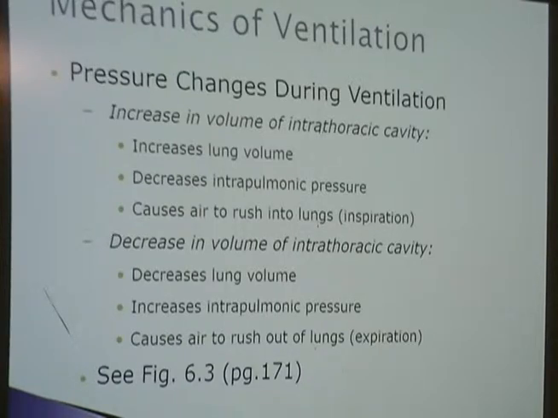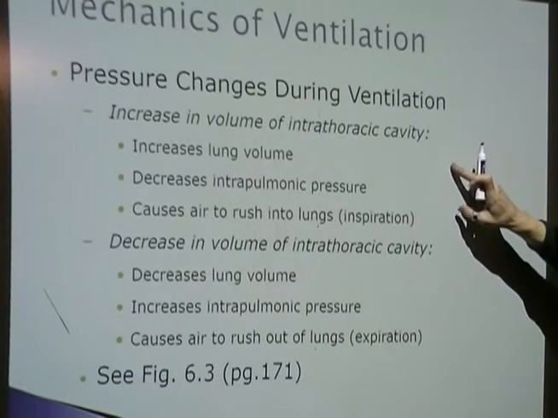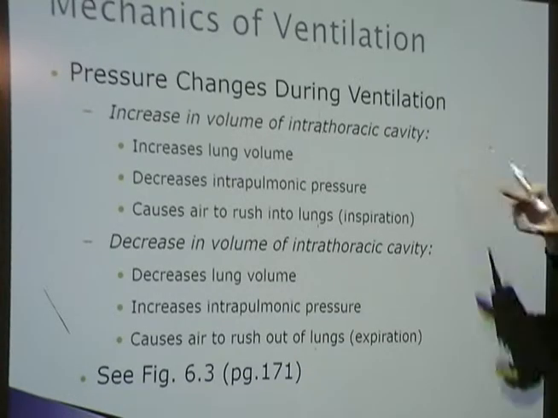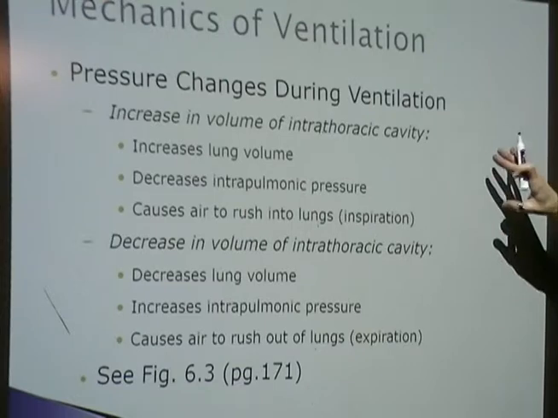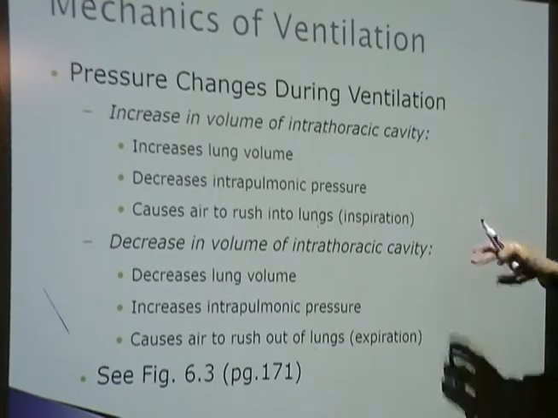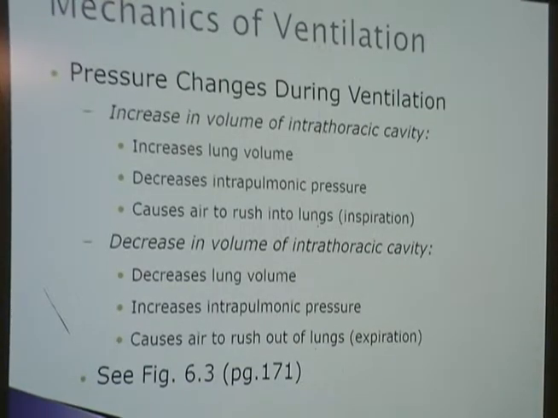In this case, we're looking at gas, and what we want to do is increase the volume of the thorax, of the cavity, and that decreases the pressure in the lungs. So if I decrease the pressure in the lungs so that it's lower than the pressure in the atmosphere, the air rushes into the lungs.